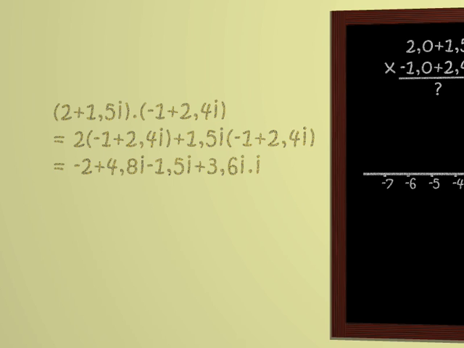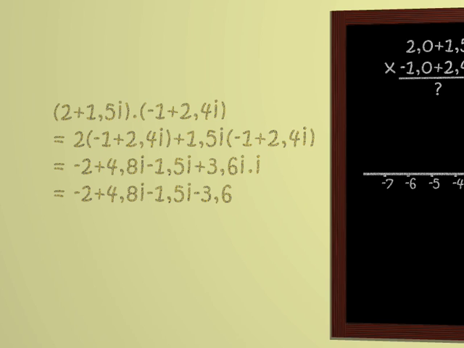-2 plus 4.8i minus 1.5i plus 3.6i times i. But i squared is -1, since we invented i for this purpose. So we get -2 plus 4.8i minus 1.5i minus 3.6.